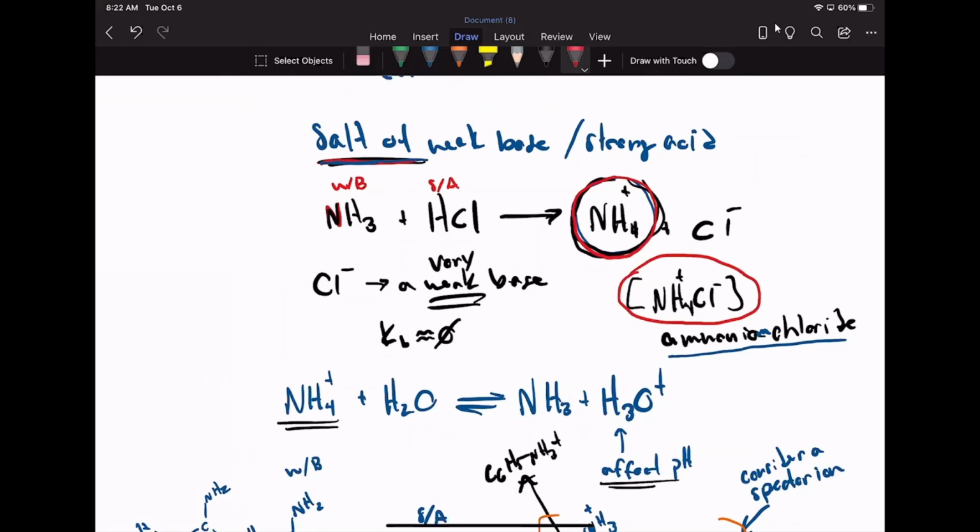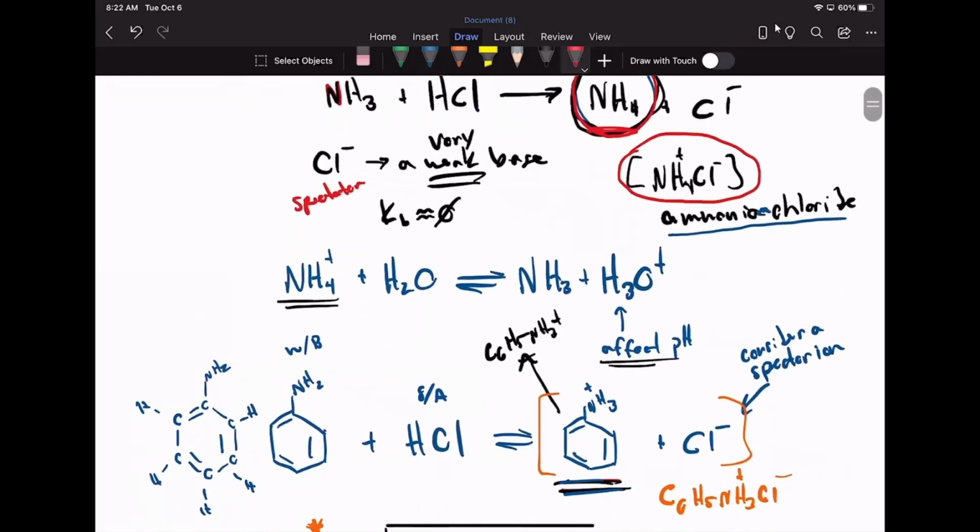But because the chlorine is a very weak base, we're just going to consider it as a spectator, and this is what's really going to affect the pH, because we're going to be able to make hydronium once we mix that with water. And again, that's what we did.